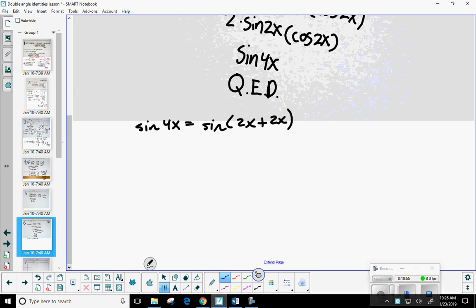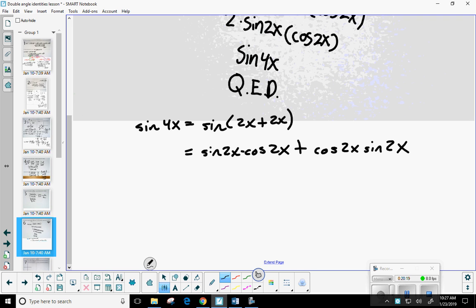So it's another problem where alpha and beta are the same. I'm going to apply the sum identity for sine. So sine of 2x times the cosine of 2x plus, because remember we keep the symbol, cosine of 2x sine of 2x. Sine alpha, cosine beta, plus cosine alpha, sine beta.